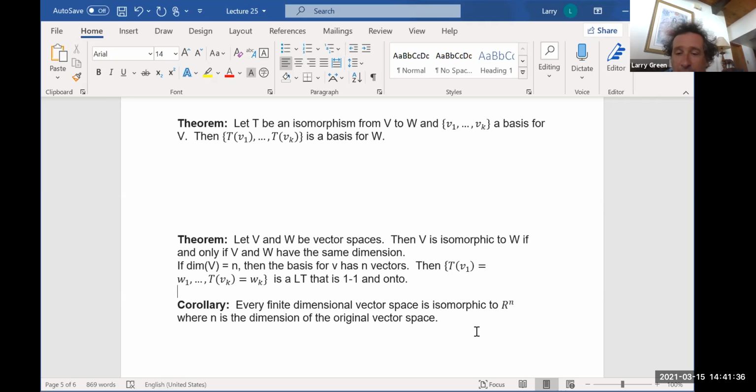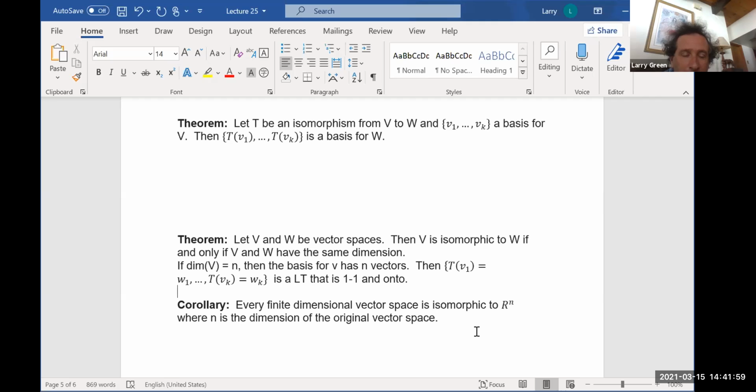Isn't that wonderful? This always works. So if all you care about is isomorphism, all that stuff we did with Rn is good enough, because everything finite dimensional is isomorphic to Rn.